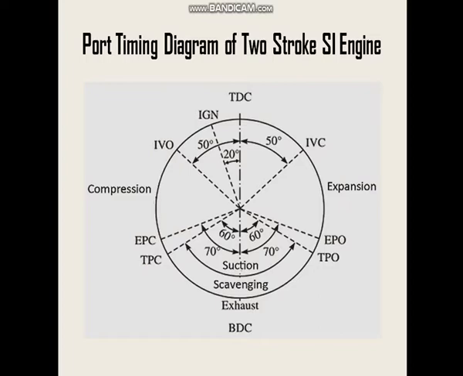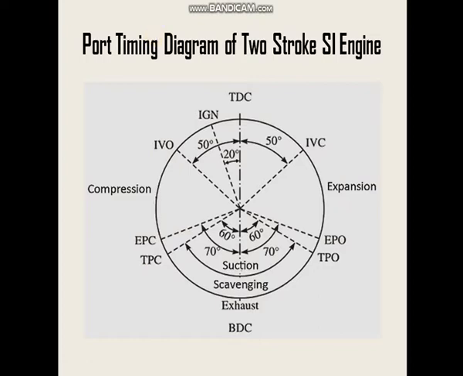So the exhaust port will be open, and due to the opening of this exhaust port, the residual gases will be thrown out from the combustion chamber. And again with further movement of the piston towards the bottom dead center, that is the BDC, it will uncover the transfer port. So we can also say that the transfer port will be open in that case.